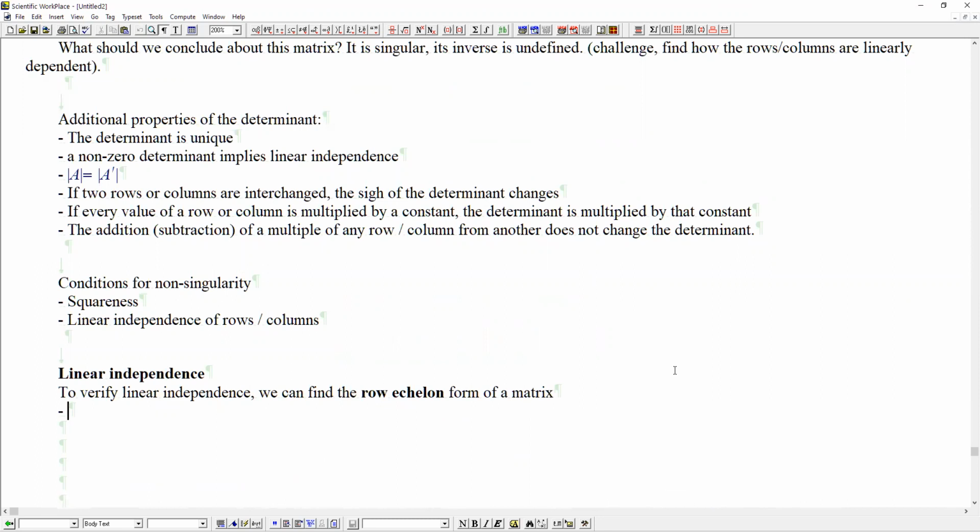In row echelon form, each row i of the matrix has at least i minus one leading zeros.